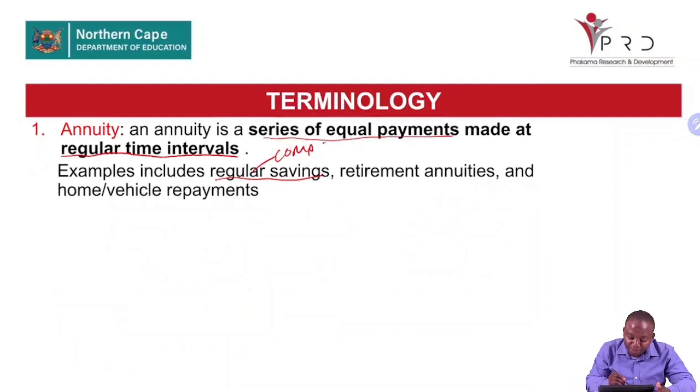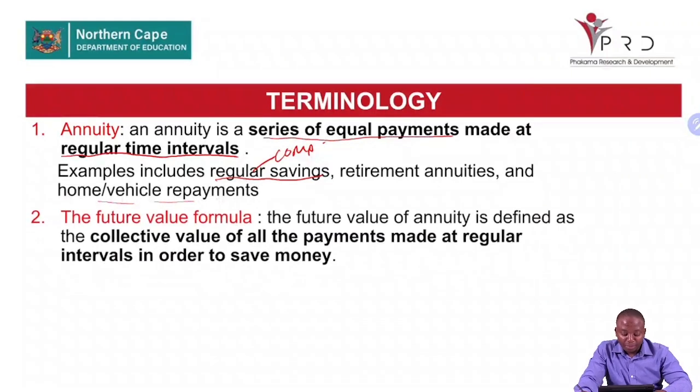So if you say we are paying quarterly, that means you put in that 200 rands after every 3 months. We are also looking at retirement annuities, and at repayment, to say you will receive a certain amount of loan and you are required to make regular repayments on that vehicle or home or any form of loan.